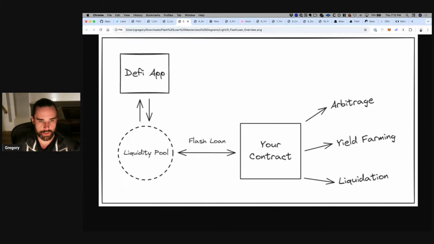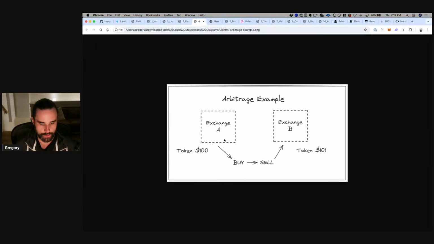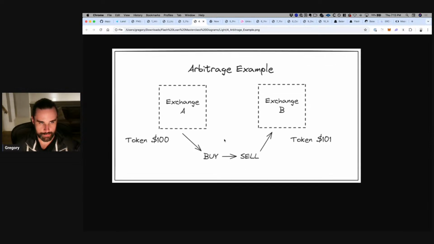So that being said, what can you do with flash loans? You can do arbitrage trading, which basically is taking advantage of price discrepancies on cryptocurrency exchanges. Like if you see a token trading for $100 on one exchange and selling for $101 on a different exchange, you can buy the token on exchange A and sell on exchange B for a profit.